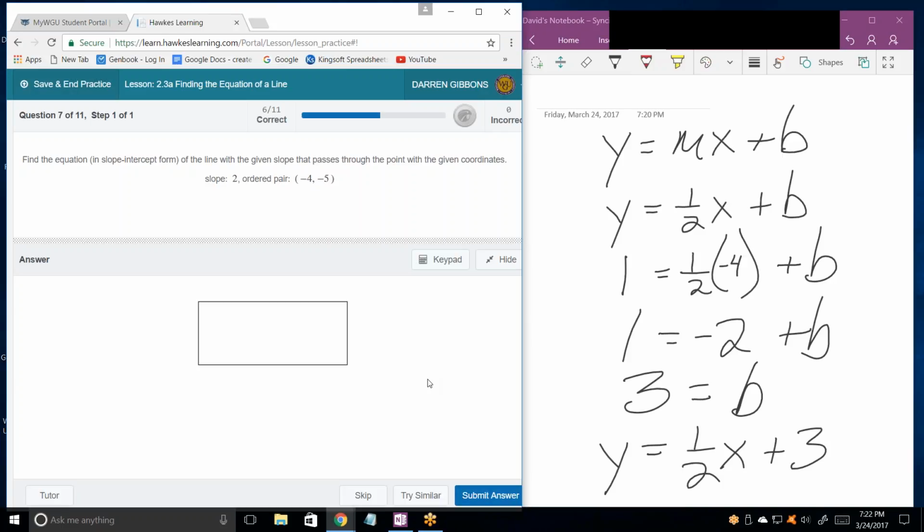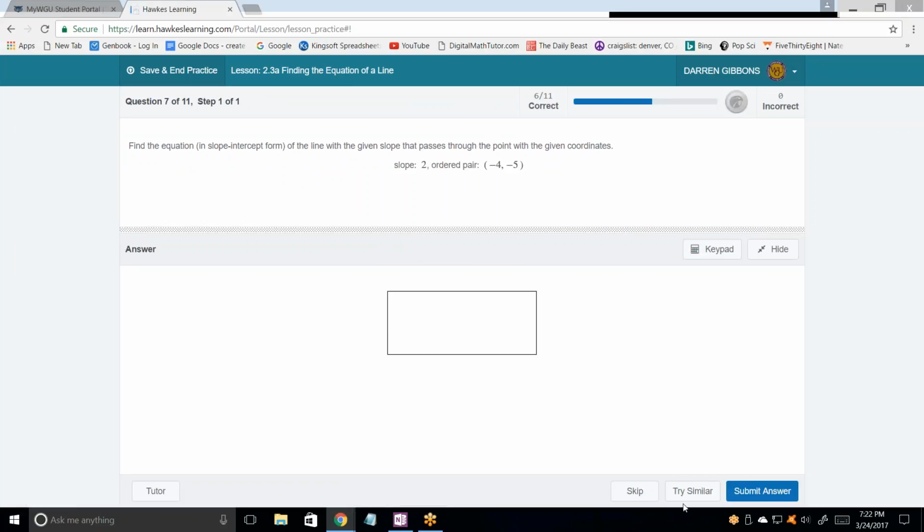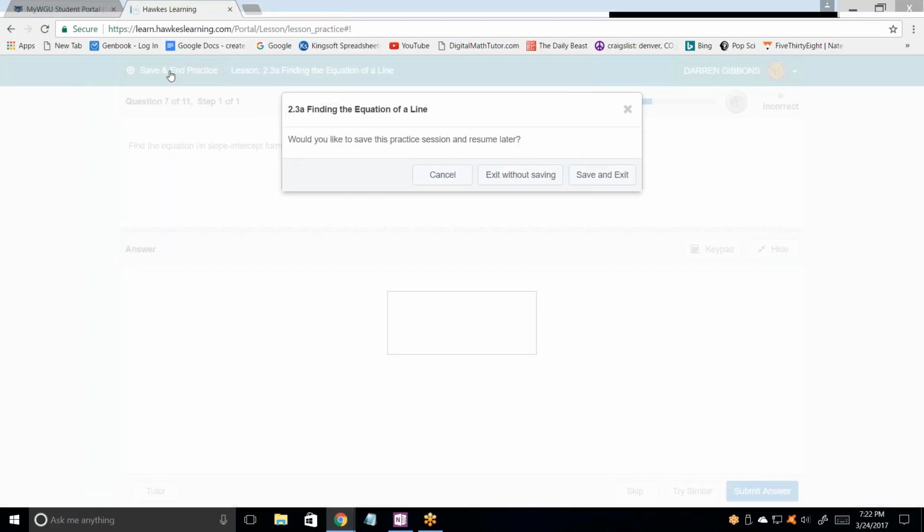Are you comfortable with this topic that we can move forward? Yep. Okay, so we hit what now? You go to save and end practice. How come I don't see the save? Up on the top left. Ah, see. Then save and exit.